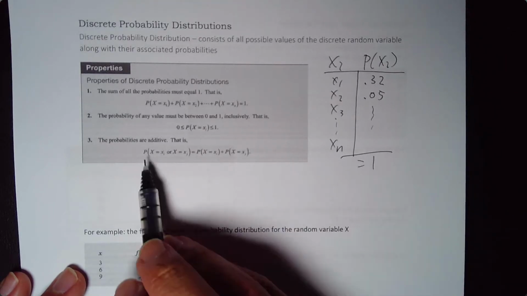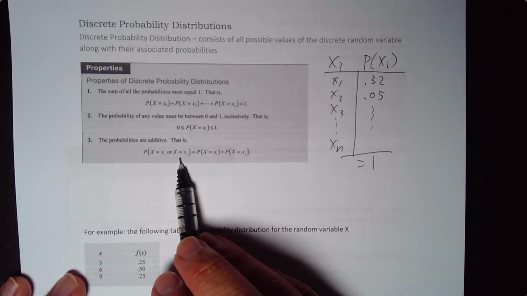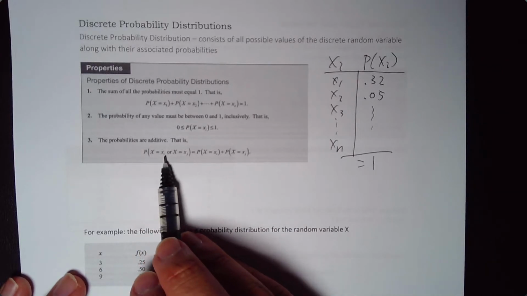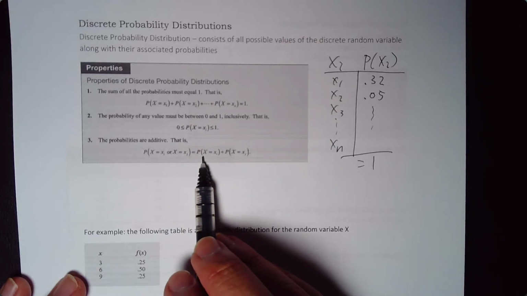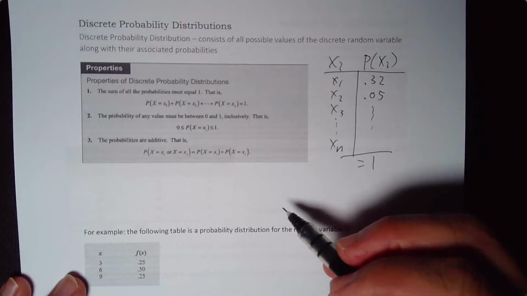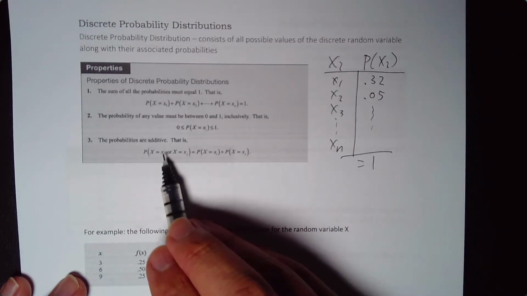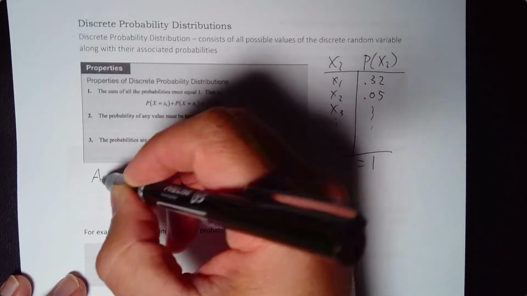And we're going to add one more: the probabilities are additive. This is the probability of x equals xi or x equals xj equals the sum of those two. Now, what does that mean? That means the union. I'll give you an example here.